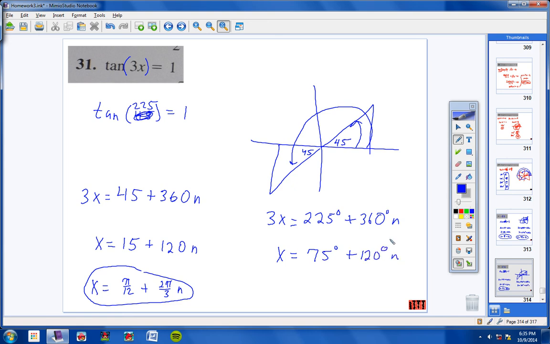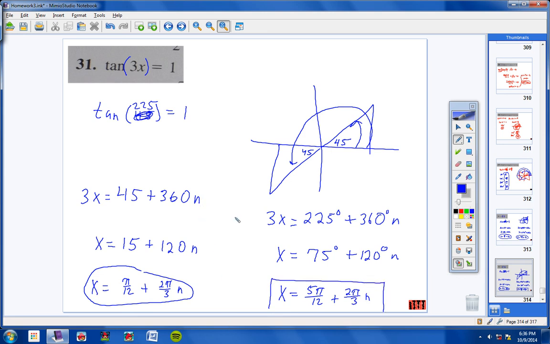Now we're going to convert 75 degrees to radians, and we're going to get 5 pi over 12 plus, and then convert 120 degrees to radians, and you will get 2 pi over 3 n, okay? And there we go, okay?